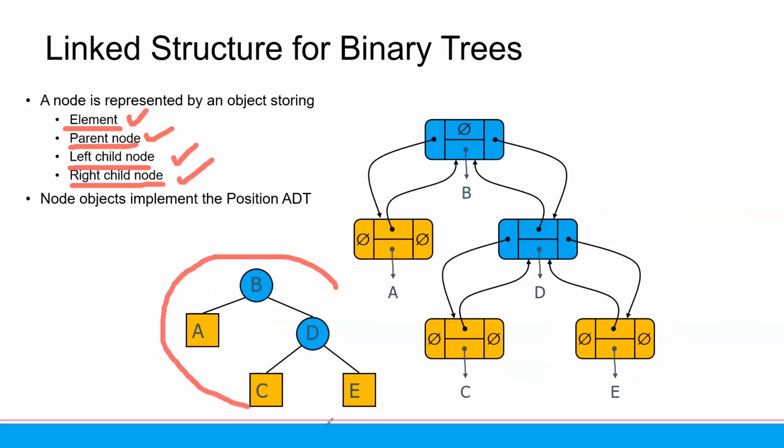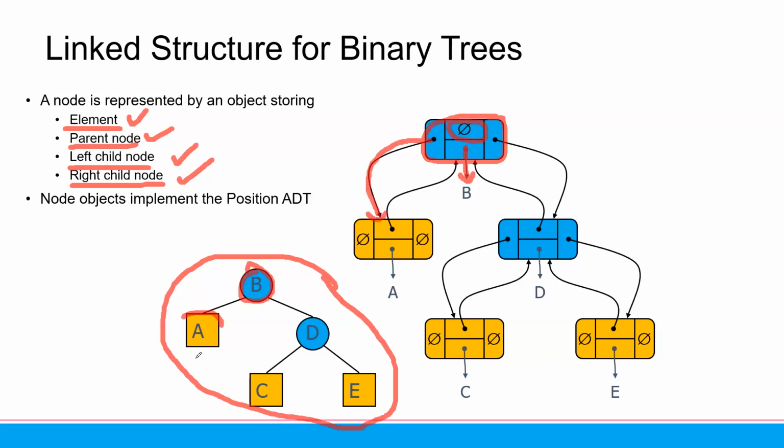Let's say we have this binary tree. So we can know that this is the root. The root has the element B, and there is no parent. And then we go on to check what is the left.